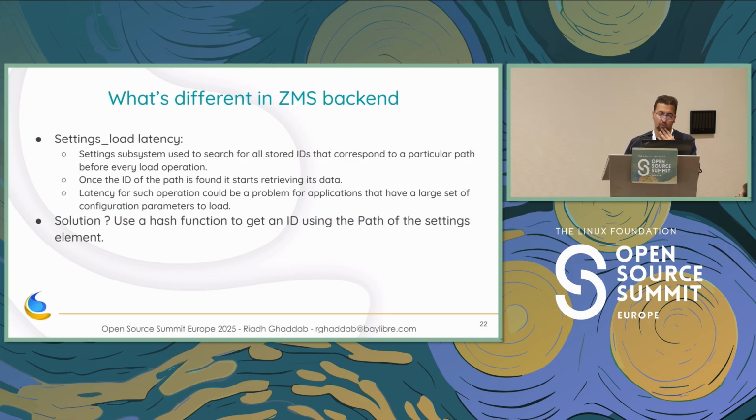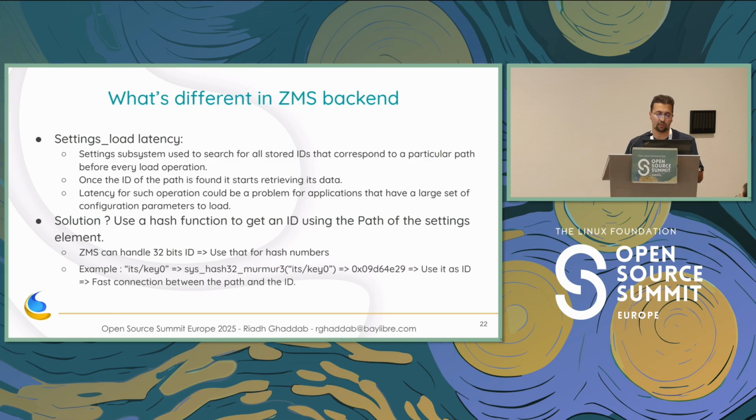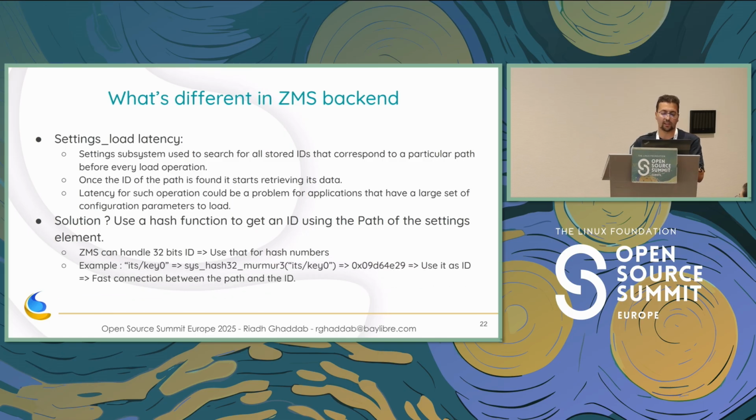So what is the solution with the ZMS backend? Basically, we added a hash function. It takes the path and hashes it into an ID; because we now have 32-bit IDs, it hashes the path into a 32-bit ID. It makes a direct connection between the path and the ID, and it looks for the data from that hash ID.